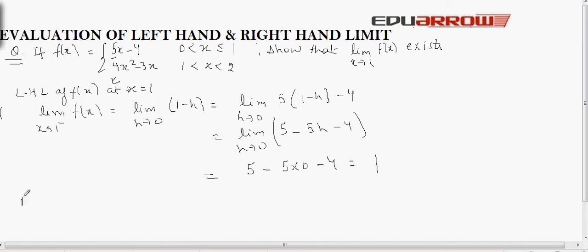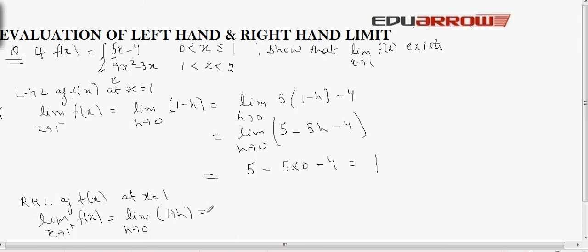And when we calculate the right hand limit of f(x) at x is equal to 1, which will be equal to limit x tends to 1 positive of f(x), which is equal to limit h tends to 0 of f(1 plus h), replacing x by 1 plus h in this function.